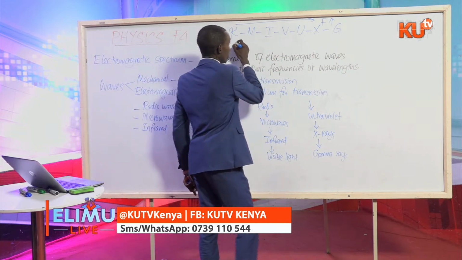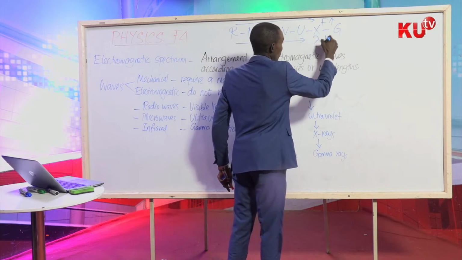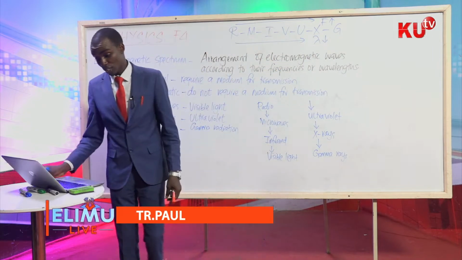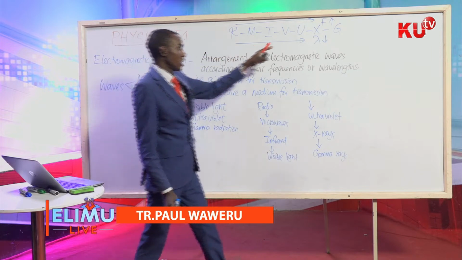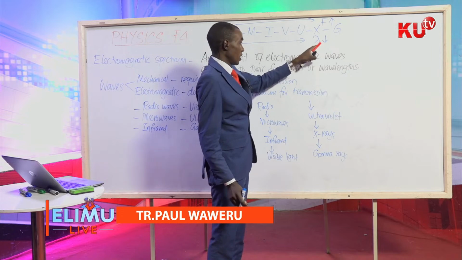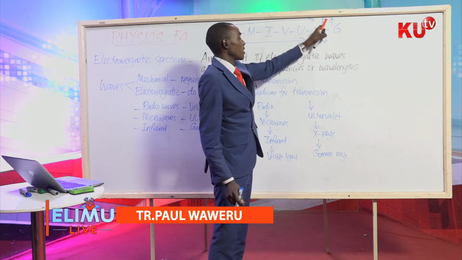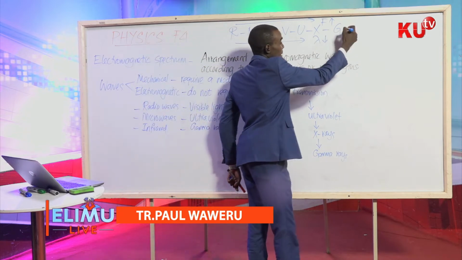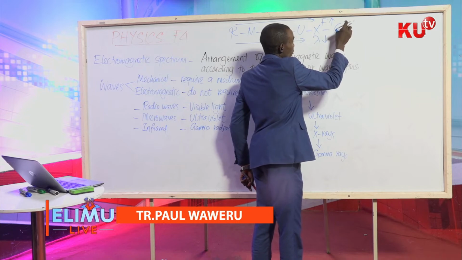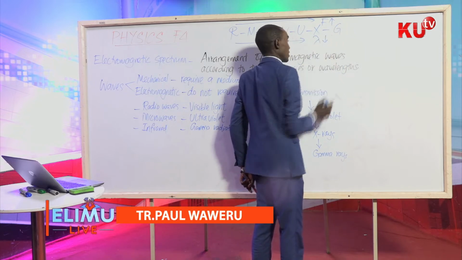Moving that way, the wavelength is becoming shorter and shorter. Radio waves have got the longest wavelength, but the frequency is quite small. On the flip side, gamma rays have got the highest frequency, but the shortest wavelength.